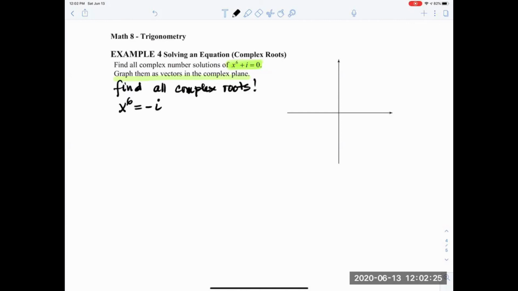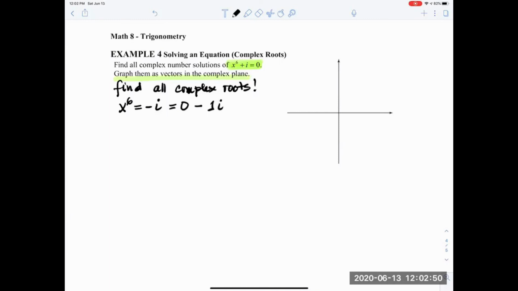Now there is a number that's raised to the 6th power that's equal to negative i. If I want to write negative i as a plus bi, my a is 0. I'm going to say 0 minus 1i.